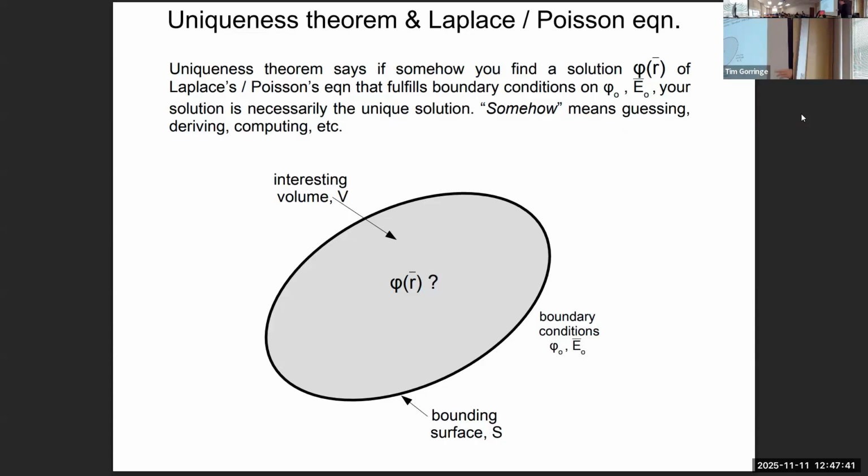An important property of the solution to Laplace's or Poisson's equation is that, supposing you want to find the solution in some region of space, you want to find the solution for the potential in this region of space represented by this gray block.